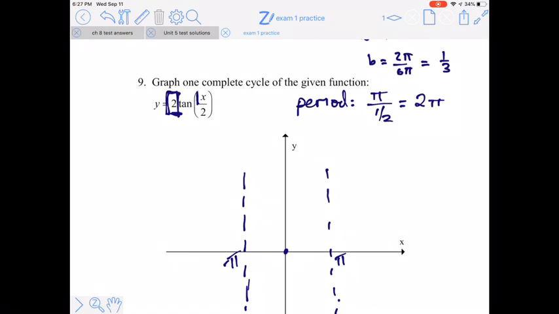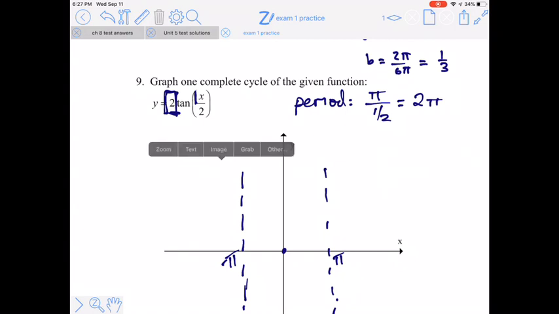We would all agree that the 2 there changes the graph in some form, right? Since it's outside the function, it's a vertical compression or a stretch. And since it's bigger than 1, it's a stretch. So it stretches the graph out a little bit vertically.